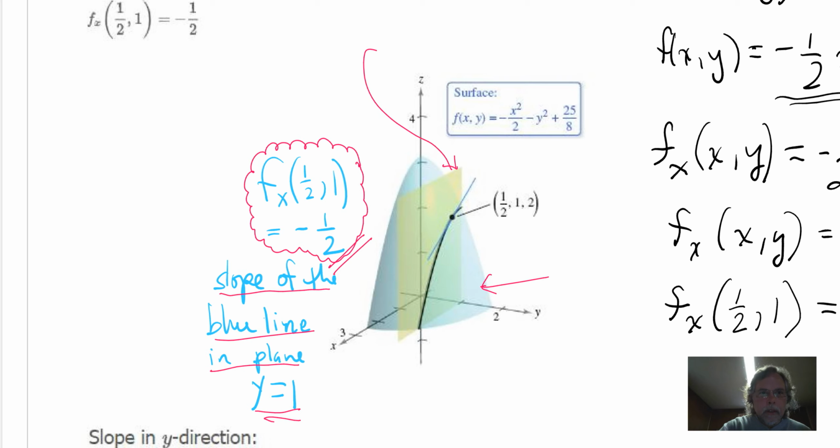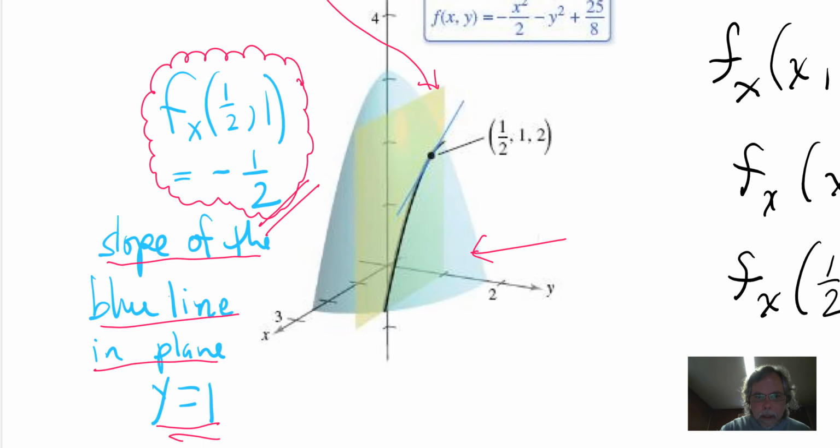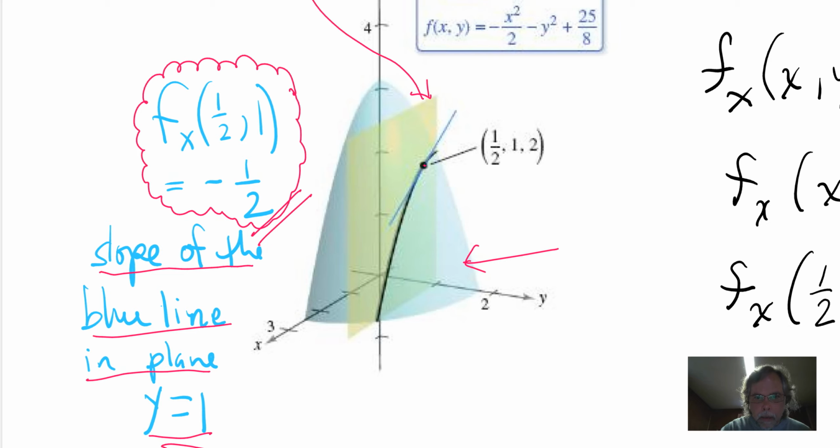So you have to put your 3D thinking cap on and think about what that means. If we're at this point, a slope of negative 1/2 would be going down 1 and over 2, like that. So that's the negative 1/2 in this picture, the slope of this line in the x direction.